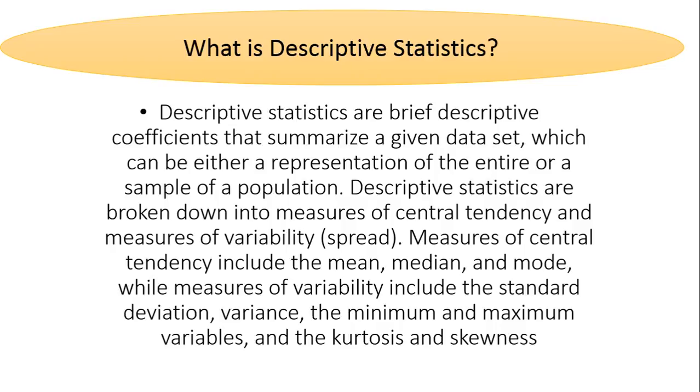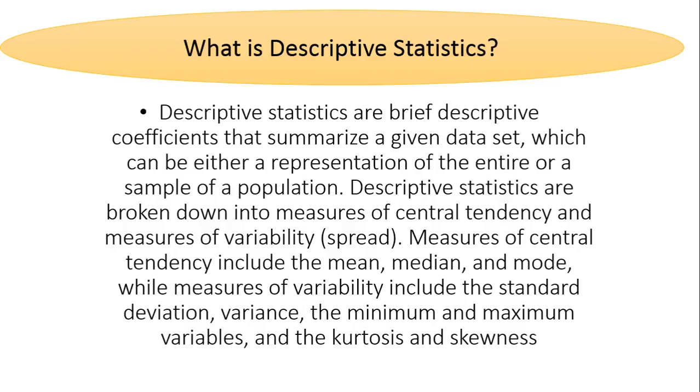The answer that I can give you right now, simply, is that descriptive statistics are brief descriptive coefficients that summarize a given data set, which can be either a representation of an entire population or a sample of a population.